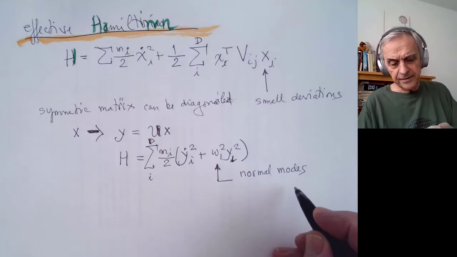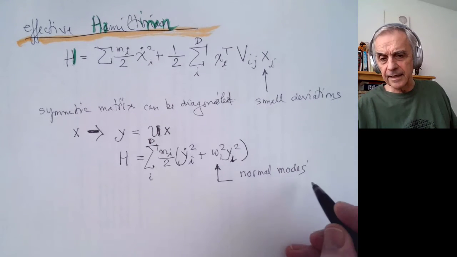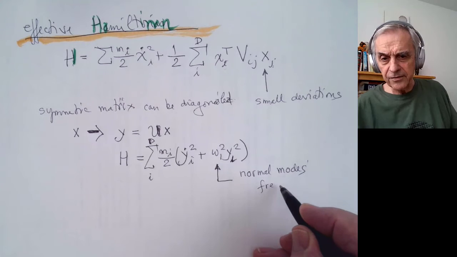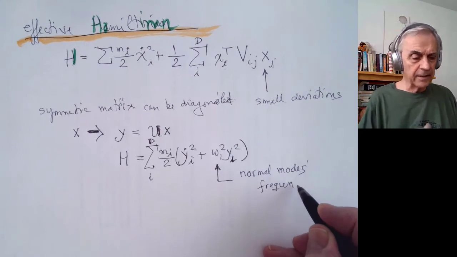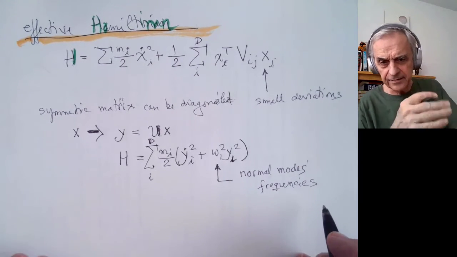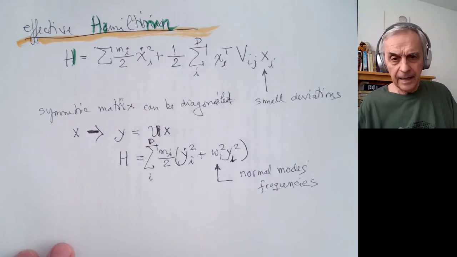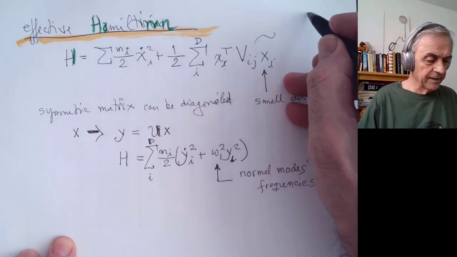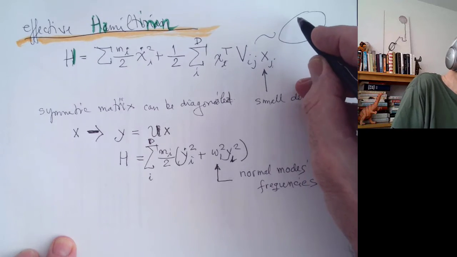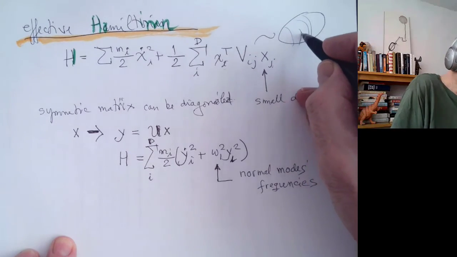The symmetric matrix basically defines some kind of ellipsoid which has major and minor and semi-minor axes. Because it's symmetric, it has orthogonal axes. And when you go to those axes, you just get a sum of harmonic oscillators.